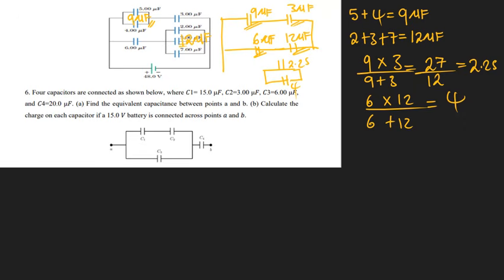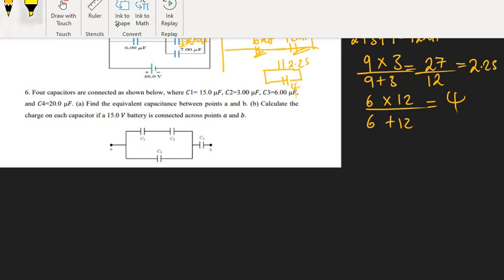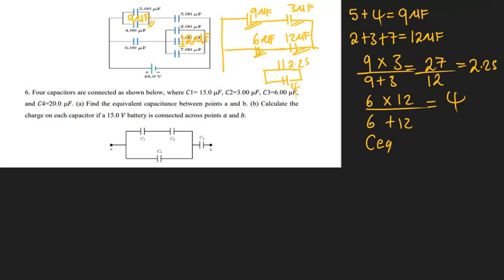Now these are in parallel. So our equivalent capacitor, we can say capacitor equivalent, since they are now in parallel, you can just add them. 2.25 plus 4 is just going to be 6.25 microfarad.